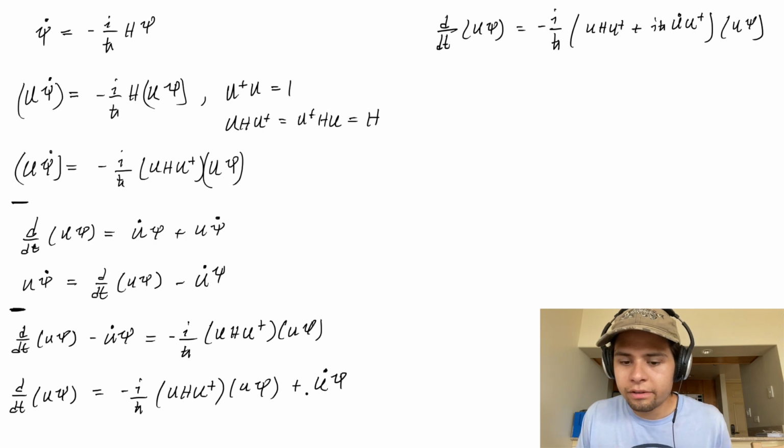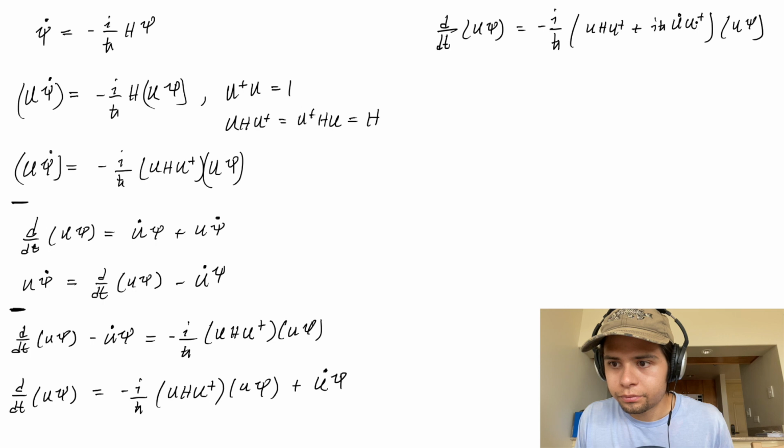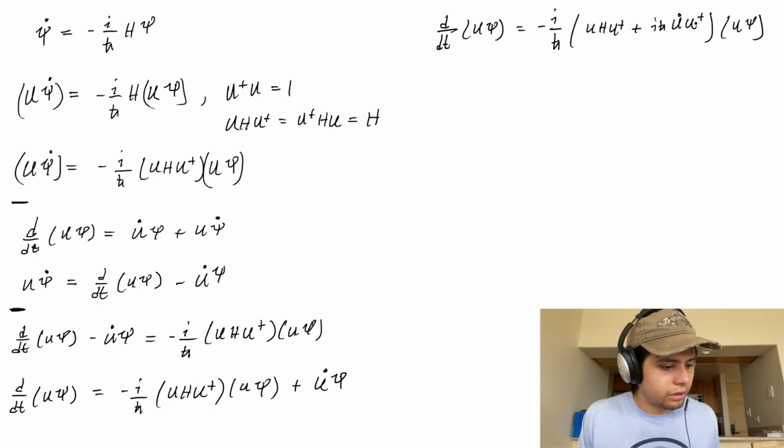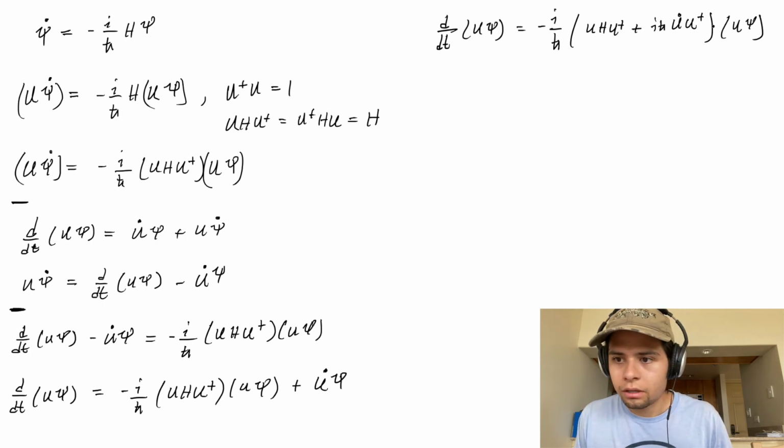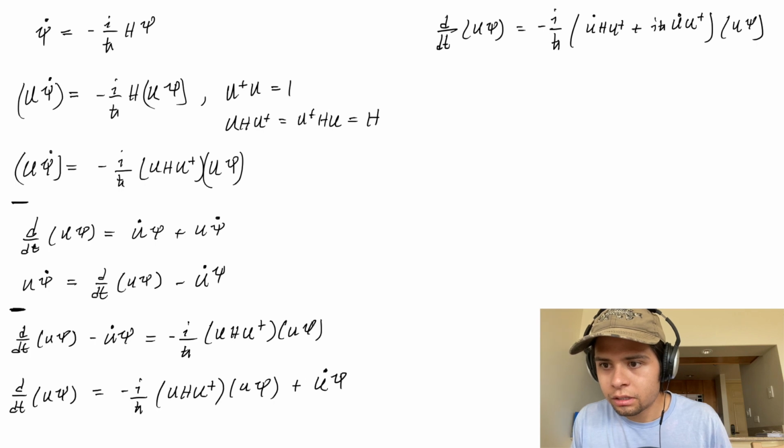If we were to multiply this by this, the h's will cancel out, and the i's will also cancel out.